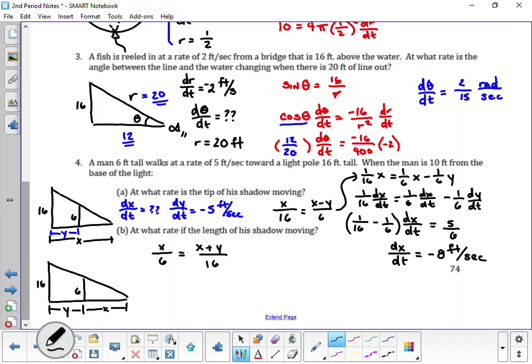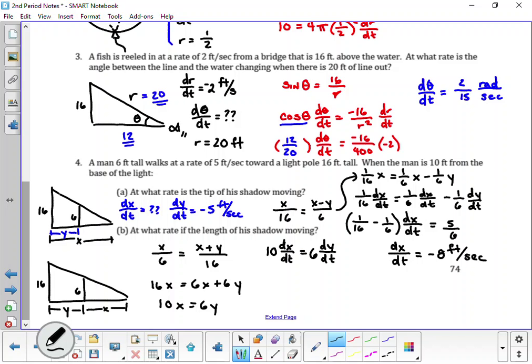And then let's do it Aryan's way and cross multiply. Looks easier. And then let's go ahead and subtract. Now we can take the derivative. 10 dx/dt equals 6 dy/dt.